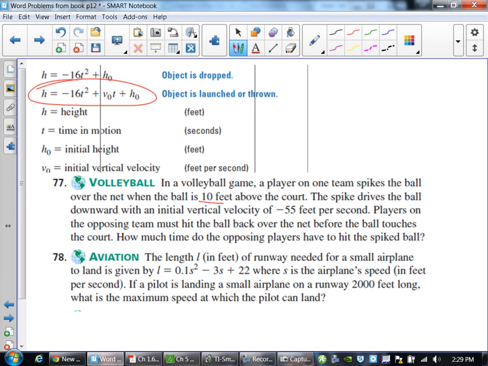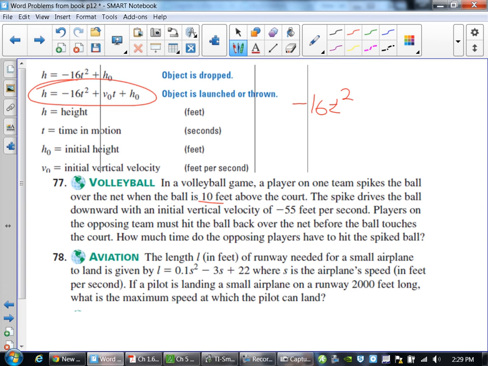Your problems here will always start out with negative 16 t squared. We're trying to solve for t, because we're looking to figure out how many seconds we have until we have to hit the ball back up in the air or it hits the ground. It deals with gravity.